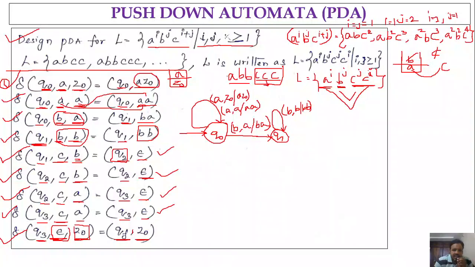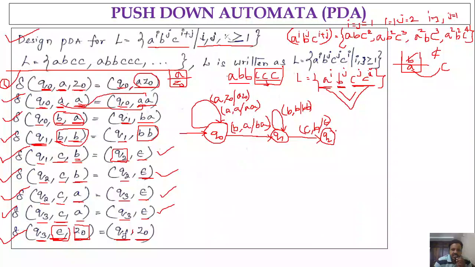Done. Next one, this process will remain the same until you get c. Okay, so the moment when you get c in q1 and the top of the stack is b, then we go to the state q2 and you are going to push epsilon. Okay, so that is the case.